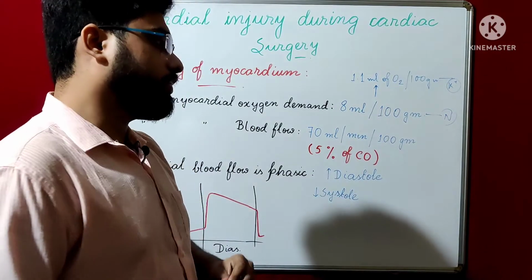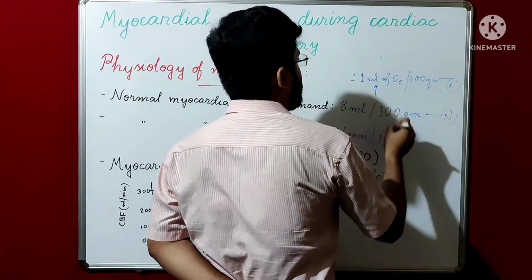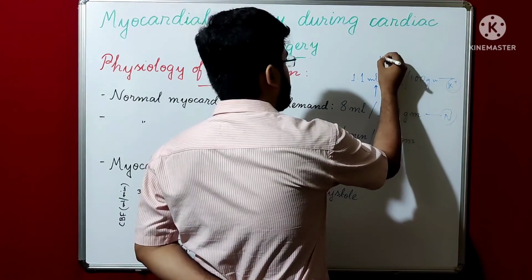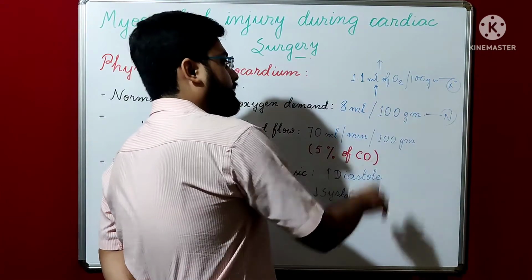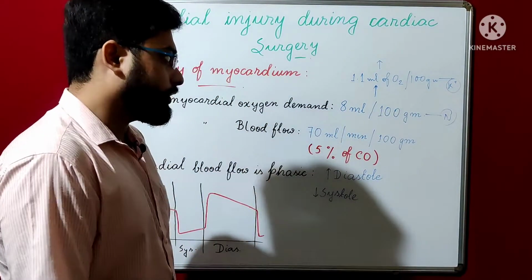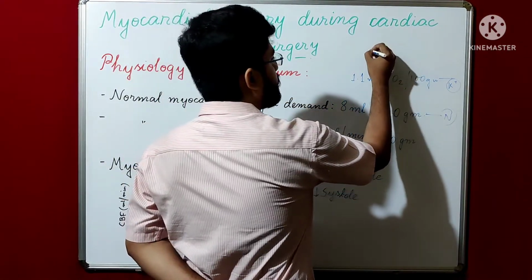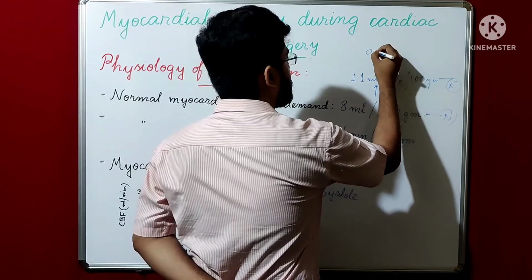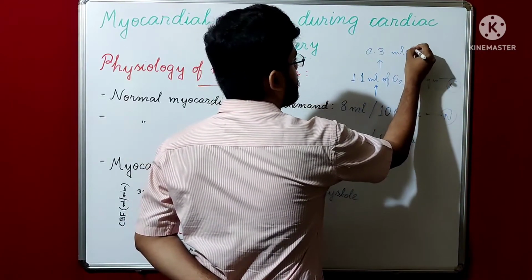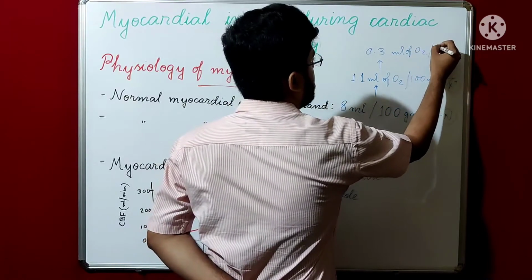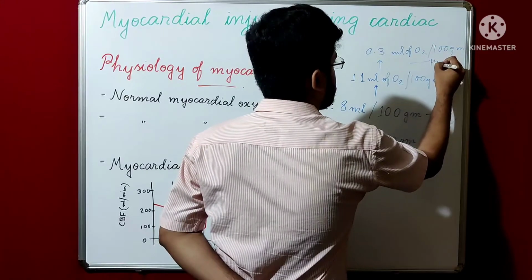And with that we also reduce the temperature of the myocardium, that is called hypothermia. With potassium arrest, hypothermia again reduces the myocardial oxygen demand to only about 0.3 ml of O2 per 100 gram.